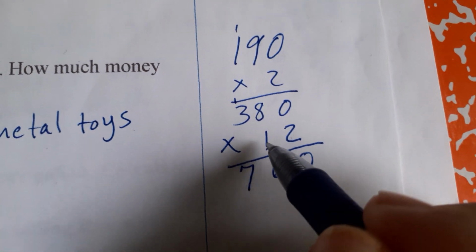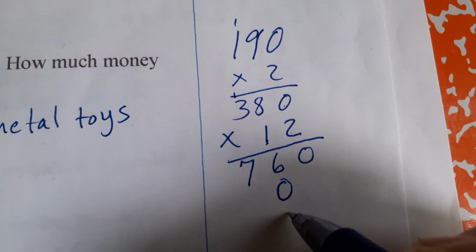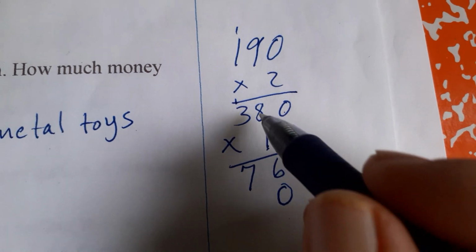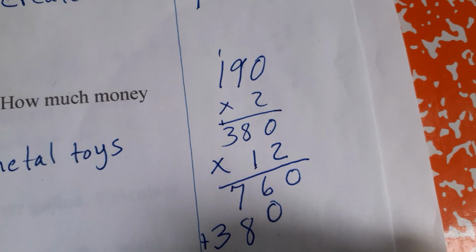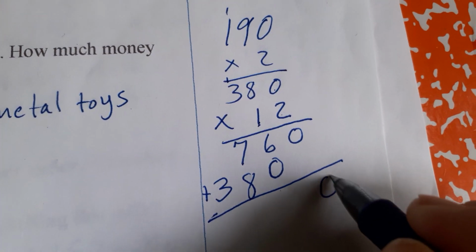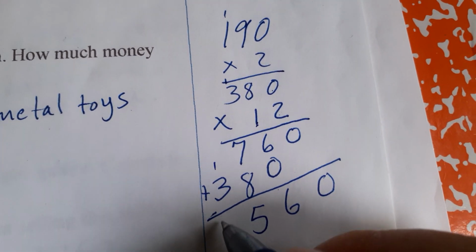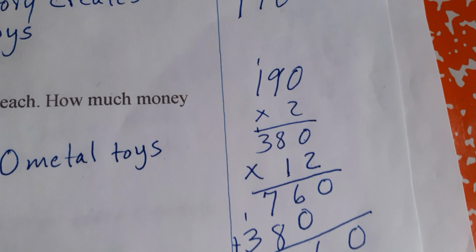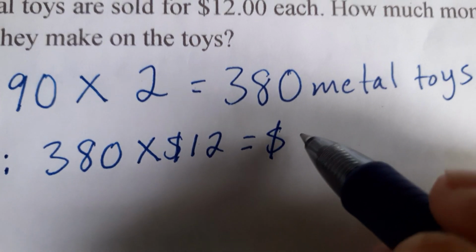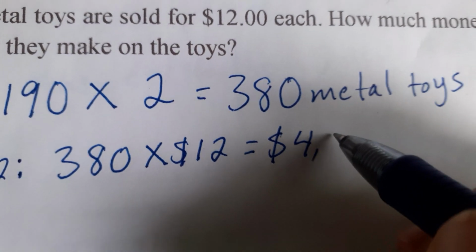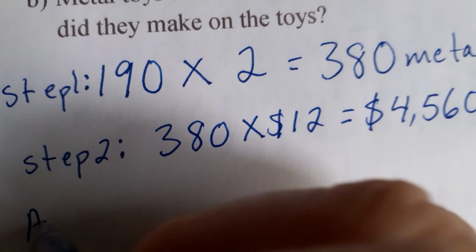Now we multiply by 1. 1 times 0, we put it under the 1. 1 times 0, 0. 1 times 8 is 8. And 1 times 3 is 3. We add that. And we get 0, 6, 7 plus 8 is 15. Carry the 1. And that gives us 4,560. We go back now here. We write our dollar sign, it is very important. $4,560.